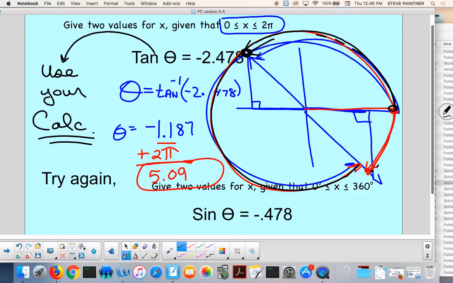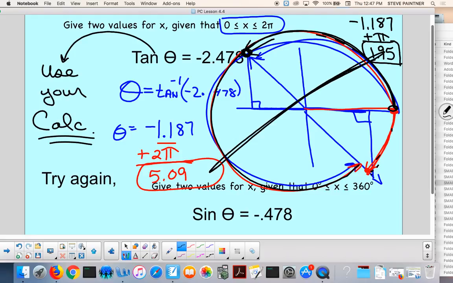So take that answer, negative what? 1.187, add a pi, which would get you right there. The answer is what? 1.95 radians, okay? Can you see where the answers are, right here? These are the 2 answers to my problem: 1.95 radians and 5.09 radians.